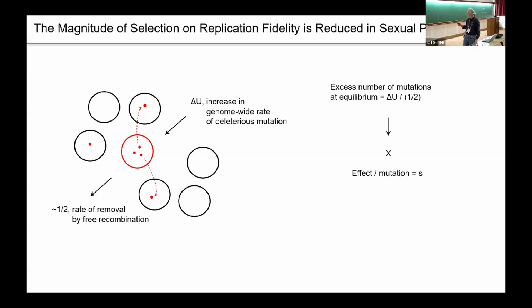And now when we multiply by S, the S doesn't go away, and that's the selective disadvantage of a mutator. In the extreme case, everything's freely recombining away from the mutator. And there's things in between, of course, when things aren't completely unlinked like this, which they won't normally be. That's the basic theory for trying to understand how selection operates on mutator and anti-mutator alleles.